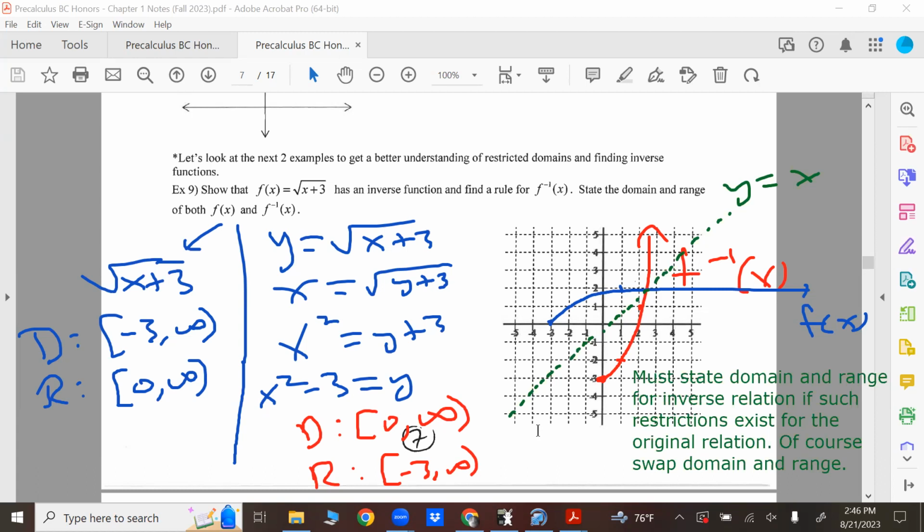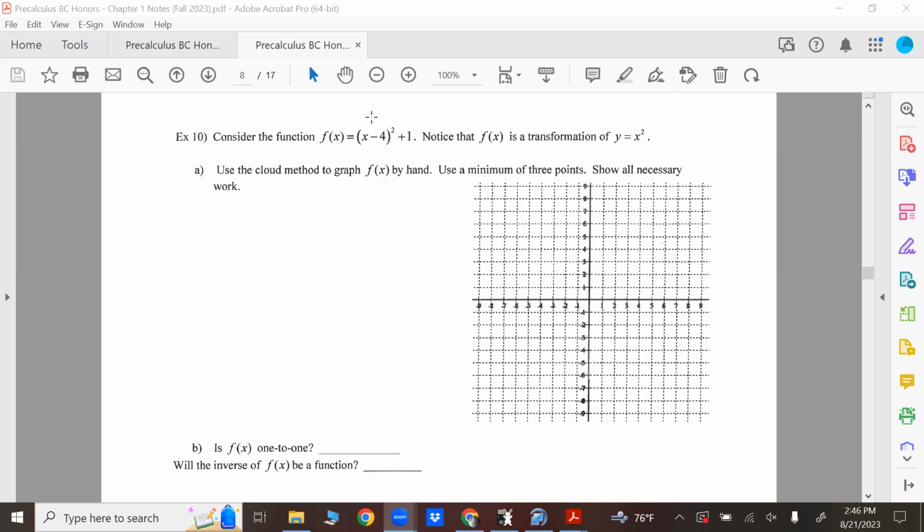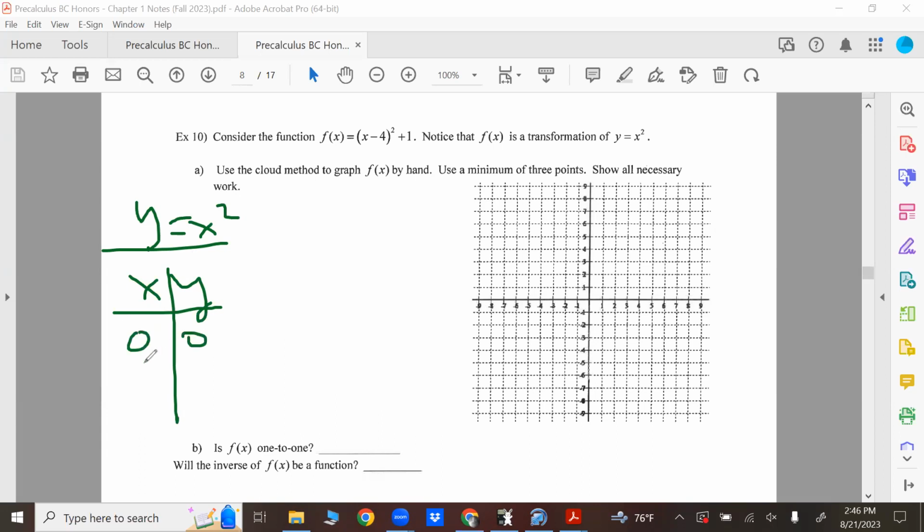It's the cloud method. Let me do that for you guys. Well, it's basically make a table. That's what it is. So y equals x squared. Let me give you guys a little push. Exactly, right. We did this.